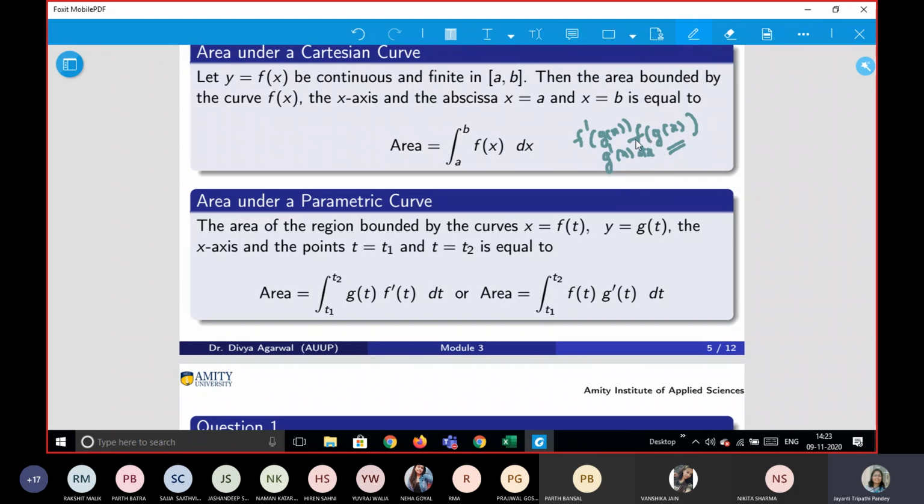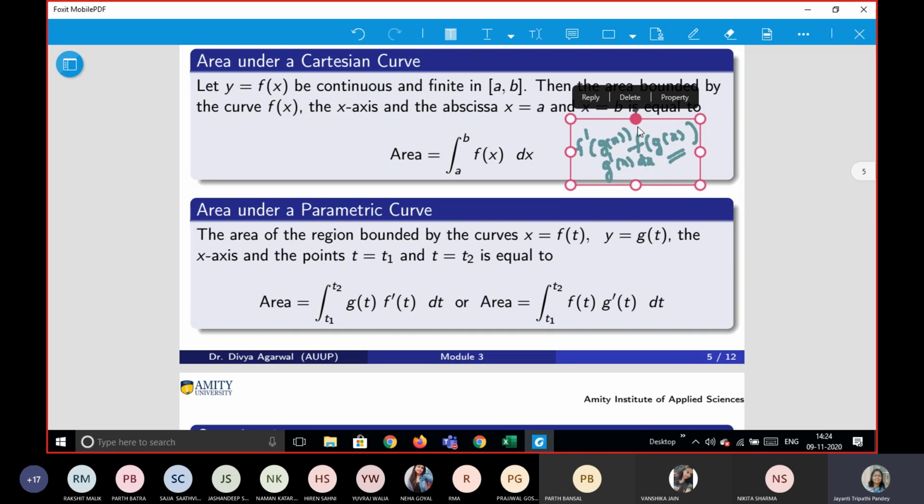Similarly, if you convert it in t and write the converse of this, you get the integral from t1 to t2 of g(t) f dash(t) dt, or the area is f(t) g dash(t) dt. Either way you can write. In this, your x and y are given in parameter t. I want you to understand that whether you write g(t) f dash(t) dt or f(t) g dash(t) dt, they are representing the same thing. So this is important for you to remember.